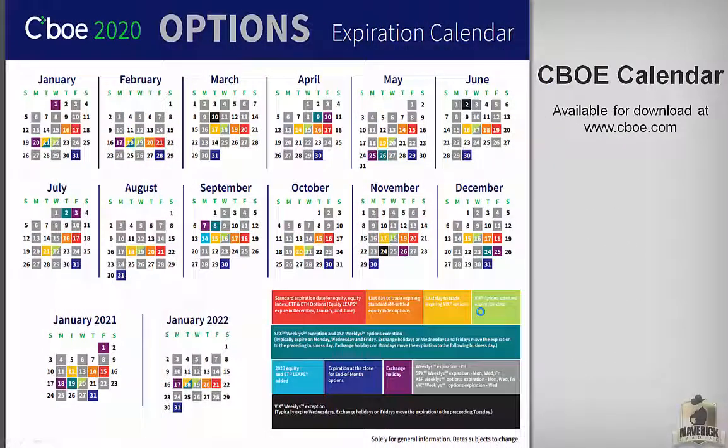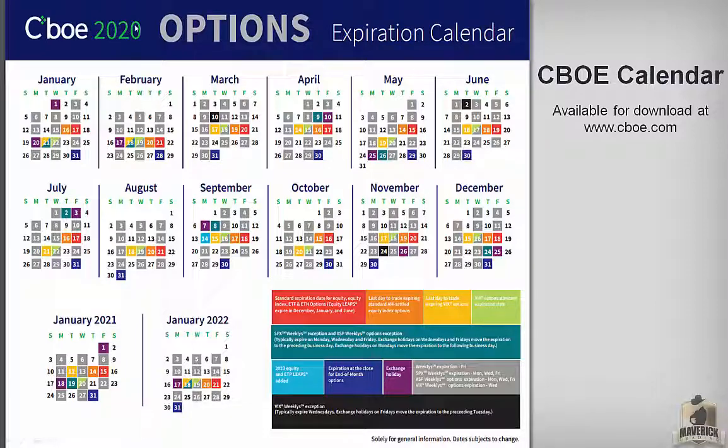Now, as we look at an expiration calendar, there seems like there's a lot going on here. Again, you can download this calendar. Not a bad idea to do that at the start of every year. So go in and download the 2021 calendar from CBOE.com to prepare for next year or what have you.